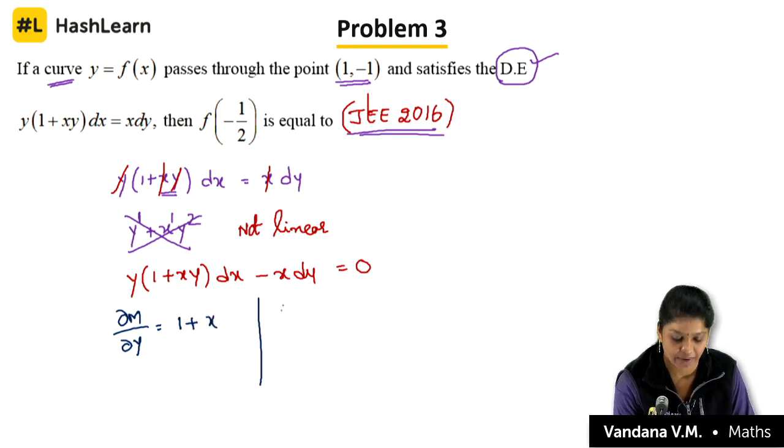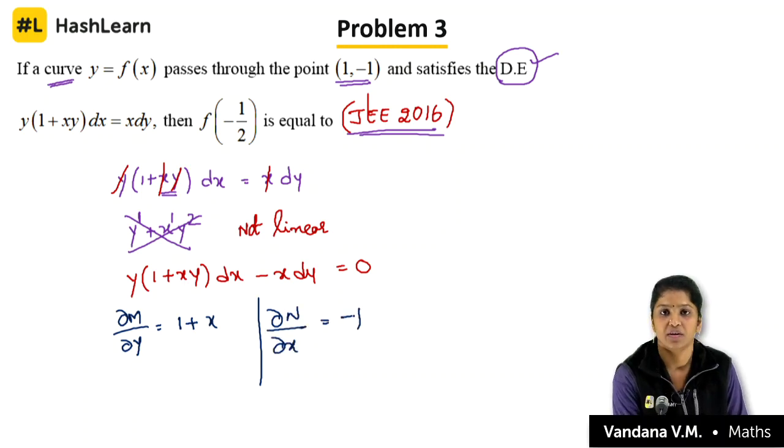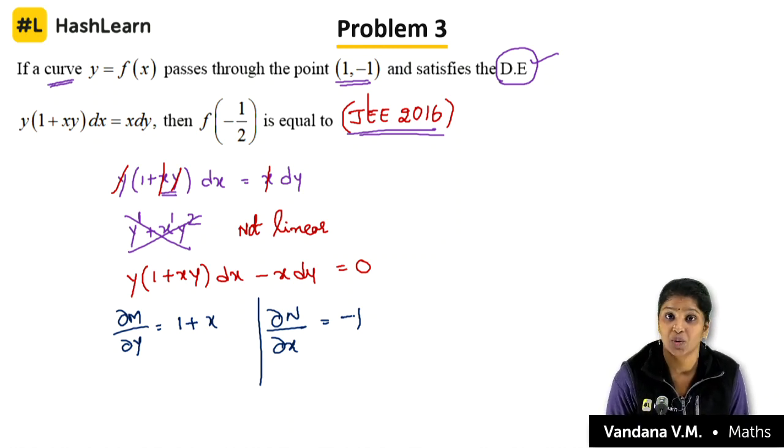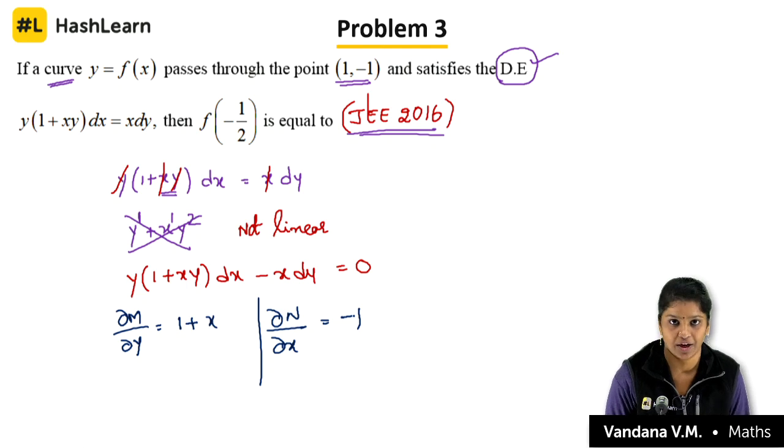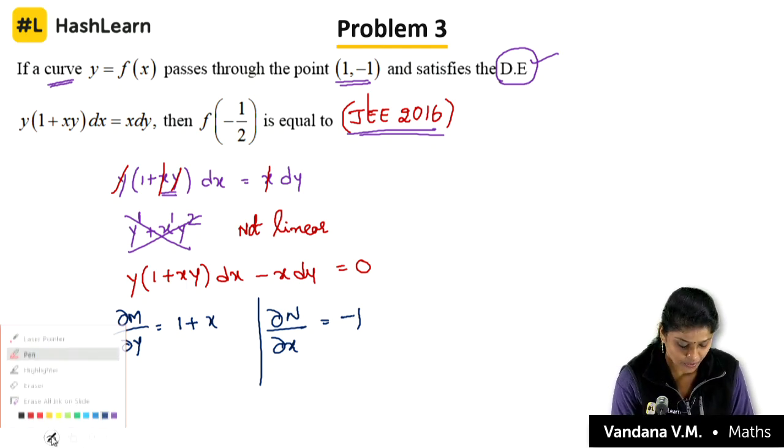Now N value is minus x, dou N by dou x is minus 1. Oh my god. So which method do we have to apply to evaluate this? I told you one thing: if it is not variable separable, homogeneous, linear, or exact, we have to go for the grouping method. I gave the list also. So let us do the grouping method.